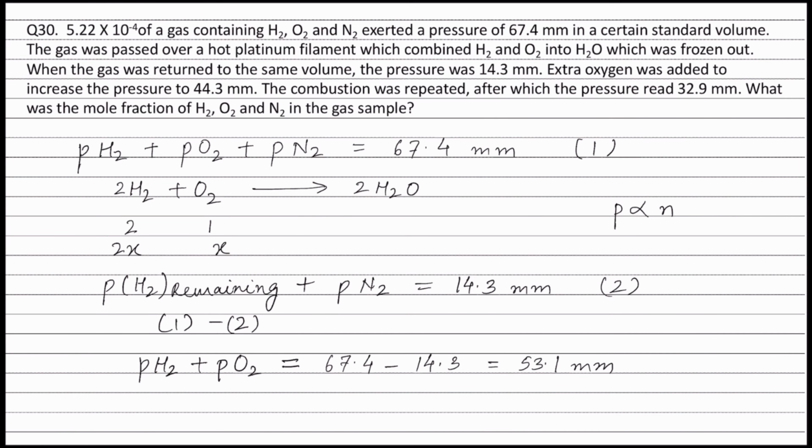As can be seen from the balanced equation, the partial pressure of hydrogen is 2x and partial pressure of oxygen is x. Therefore, we can write 2x plus x is equal to 53.1. Solving this, we get x is equal to 17.7 mm.